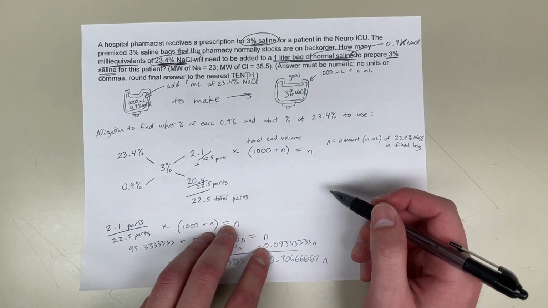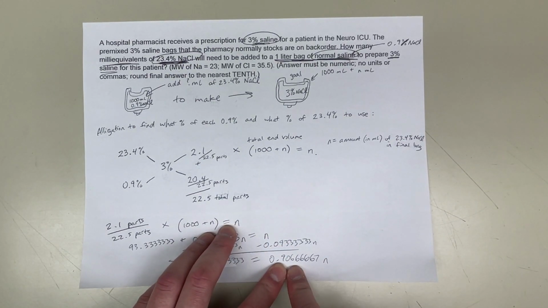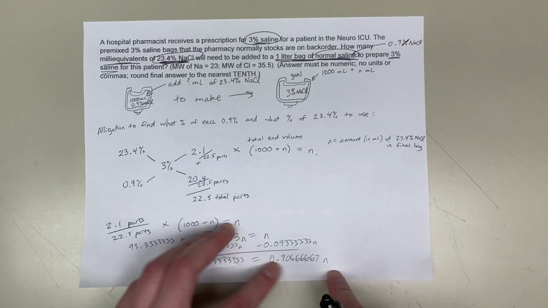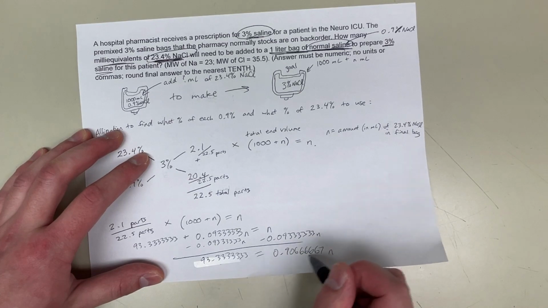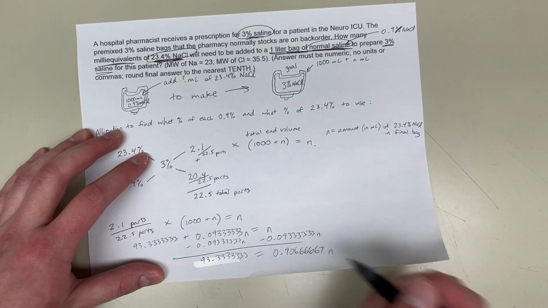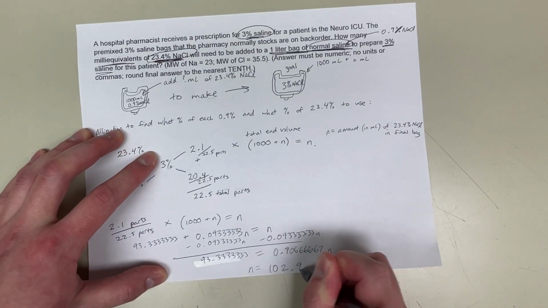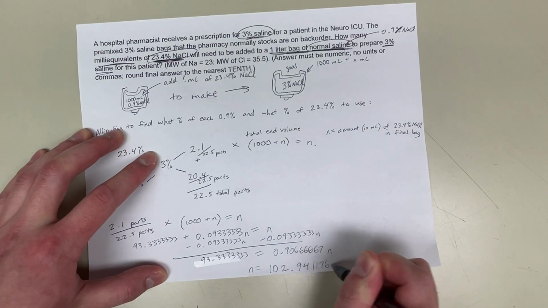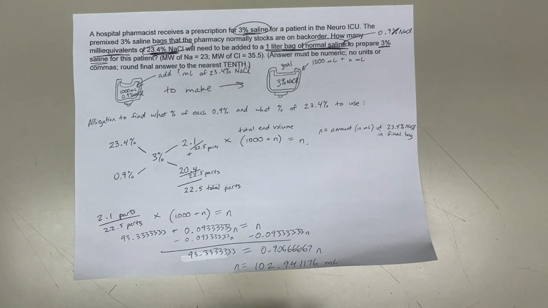So 1 minus 0.0933 is equal to 0.906 repeating N. So then you just divide both sides by 0.9066 repeating. So your N should be 102.941176 milliliters, right? So that's your total amount of milliliters that we need to add here.